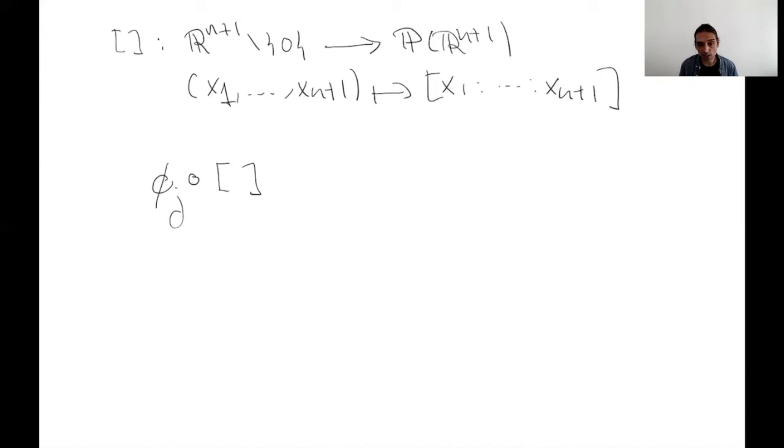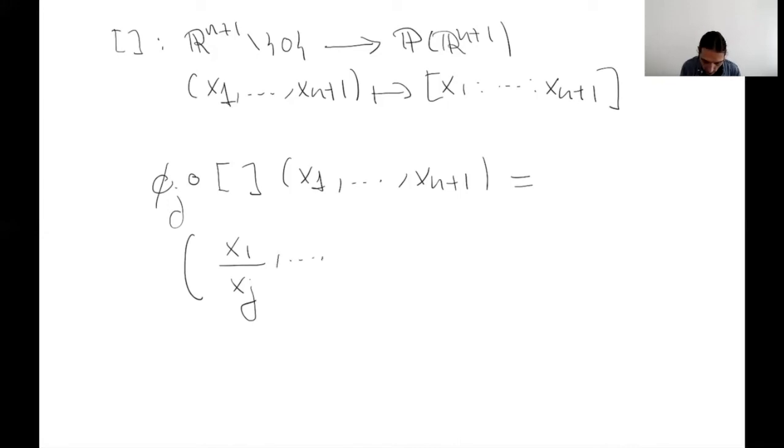And the expression that we are going to have is just this one. Of course, we have to define it for U sub j, but the expression is this one.